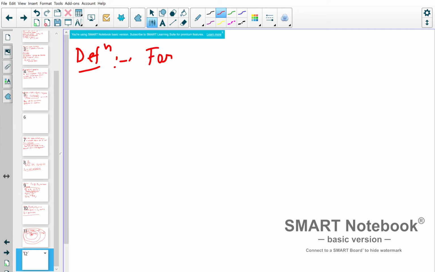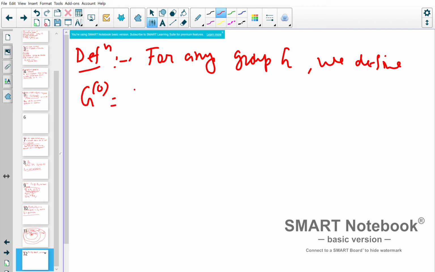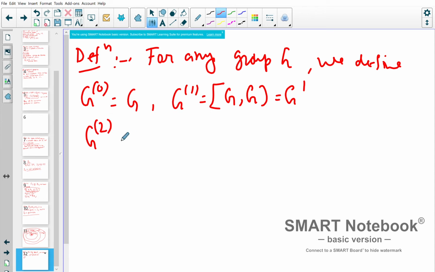For any group G, we define G0 equal to G, G1 is the derived subgroup of G, that is G dash, G2 is the derived subgroup of G1, and so on.